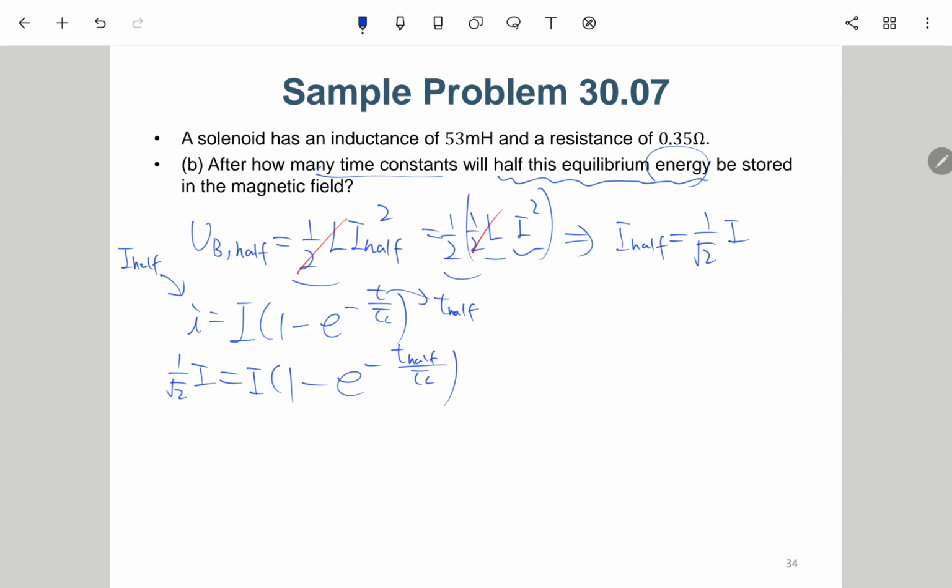So we can move this to the right side and this to the left side. Then we have exponential to negative T/2 over tau L equals 1 minus 1/2.